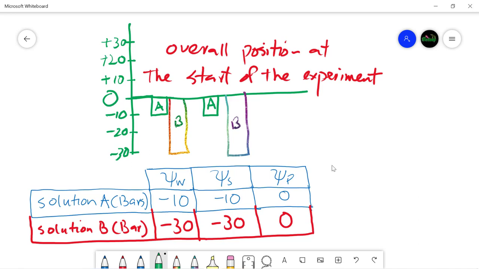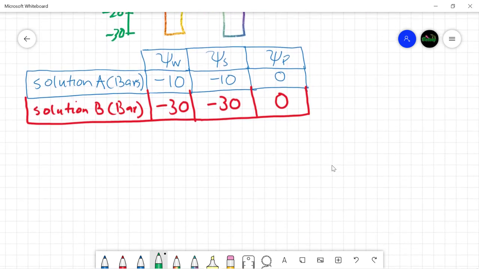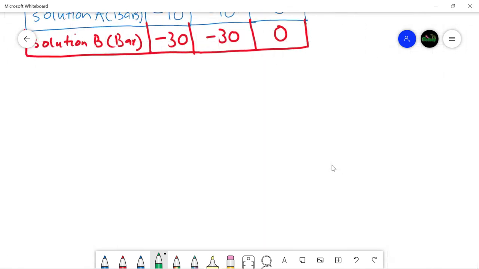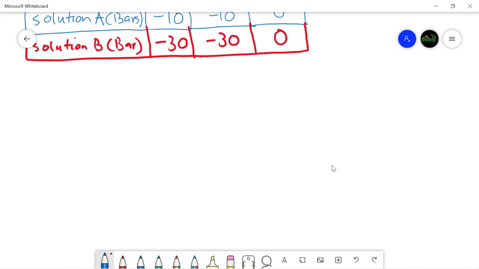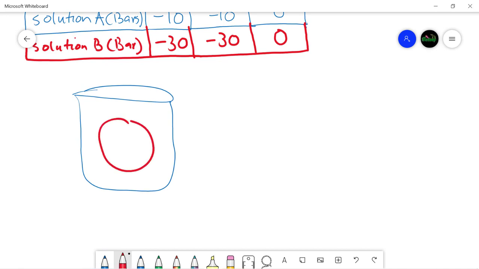Now as the experiment proceeds, let's draw that diagram again. So the same beaker having a water potential of minus 10 bars, and we have placed a container in it.